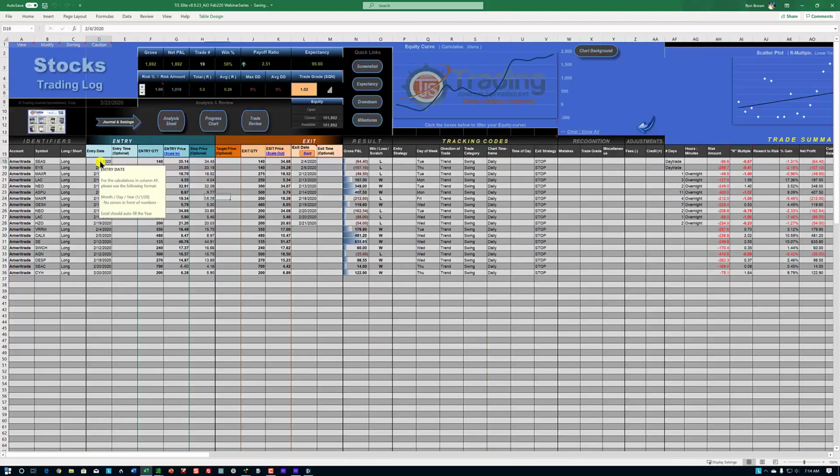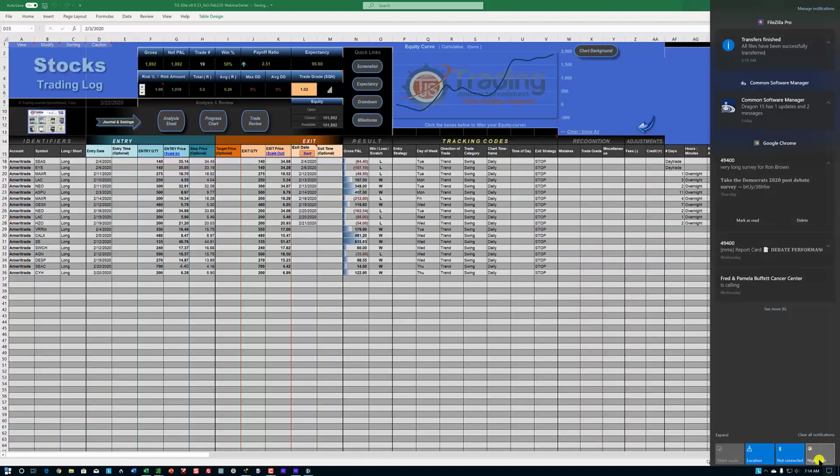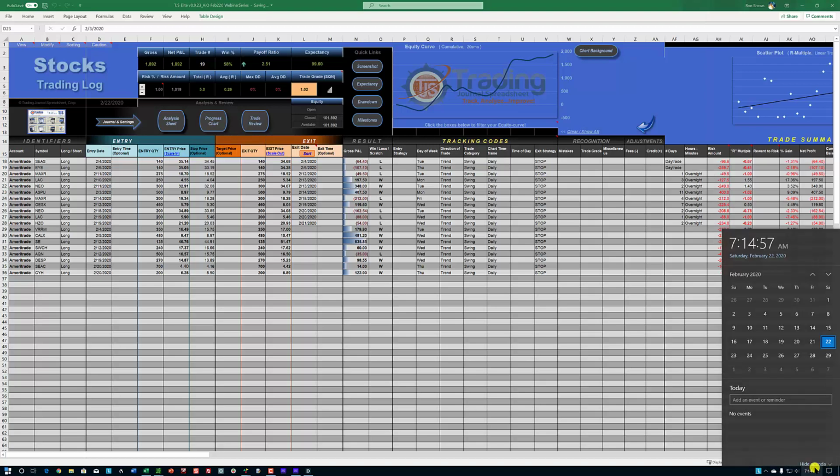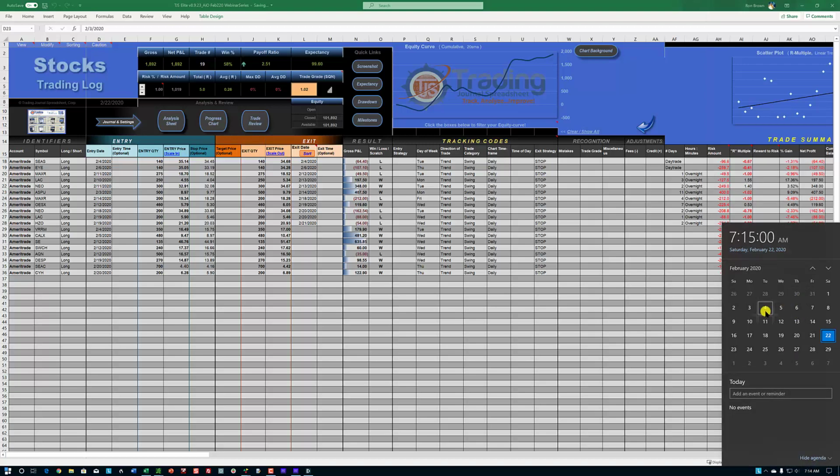I started on the 4th as I was starting to prepare for the workshop. So that was one of my first trades. Here's one on the 3rd. ASPU, that was my very first trade on February 3rd. I didn't want that. I wanted the dates. So the 3rd was a Monday.